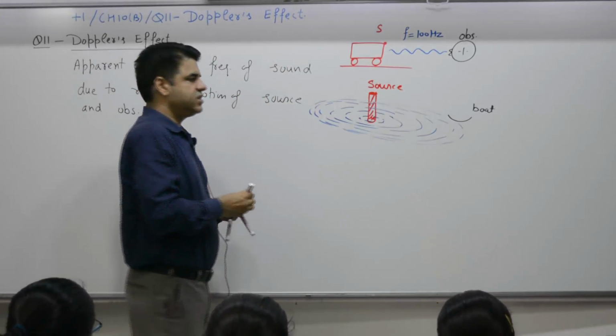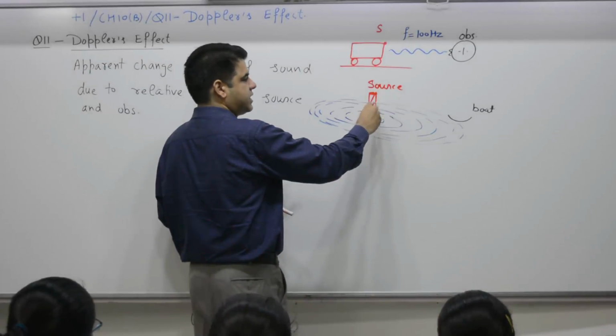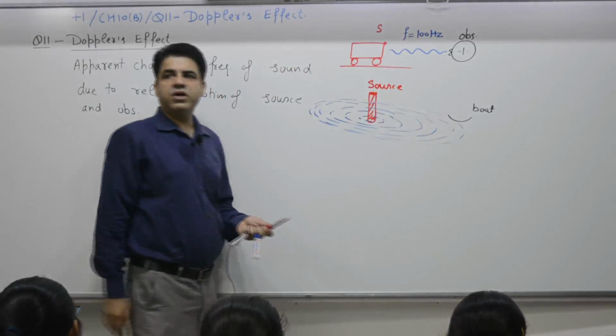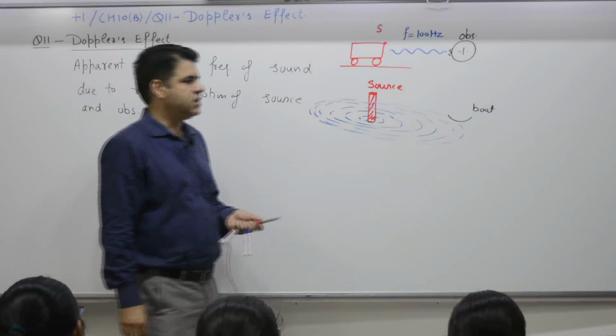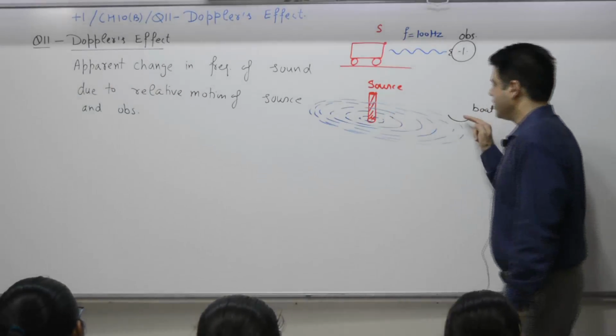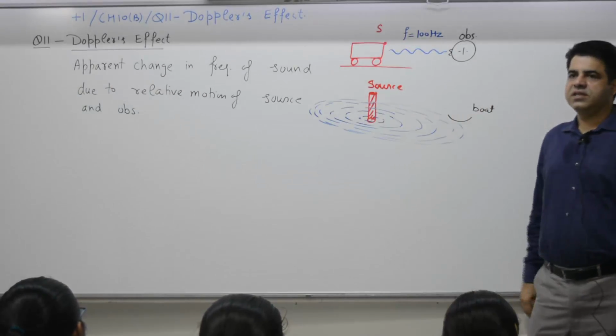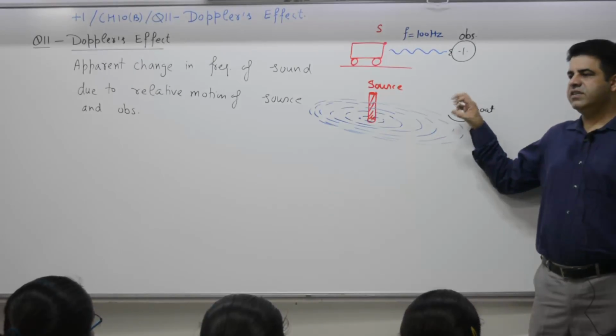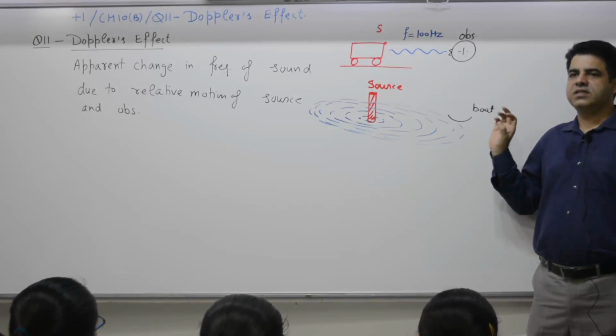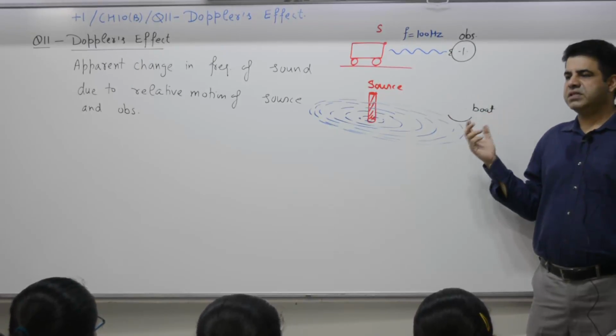So it generates a certain number of ripples, say 100 ripples per second. The boat will also receive the same number of ripples. If the boat starts moving towards the source, it will receive more ripples, more waves per second.